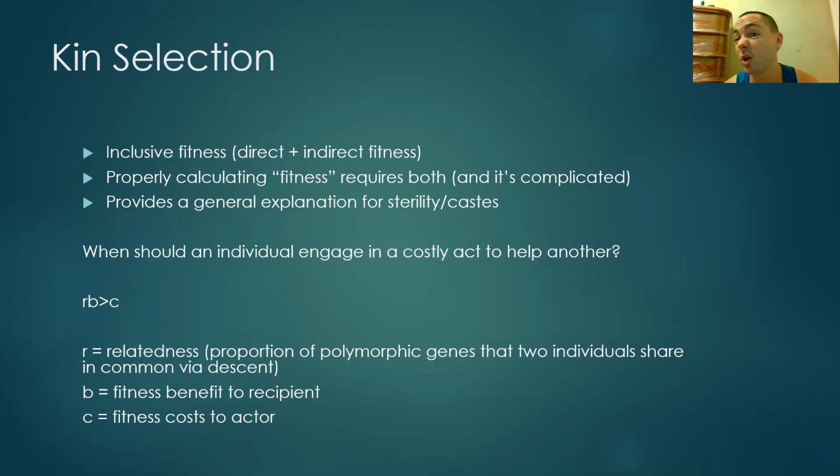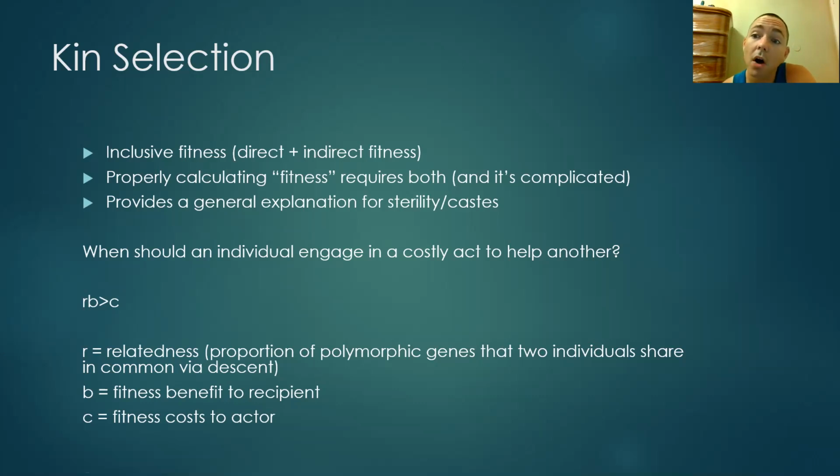So if you're very closely related to me, say you're a sibling, you share 50% of your genome in common, or you're a parent or one of my offspring, on average you'll share 50% of your genome in common, then it has to be twice as beneficial for you than it was costly for me in order to spread in the population. Make sense? But if your relatedness is low, then the benefit must be huge.